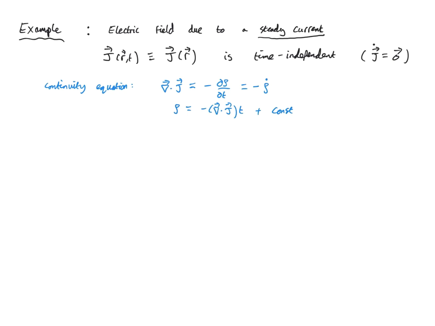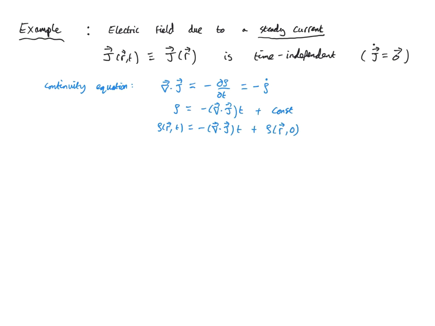So if the divergence of J is independent of time, we can look at time t equals 0. In that case, rho is just equal to the constant. So obviously the constant is equal to the charge density evaluated at t equals 0.